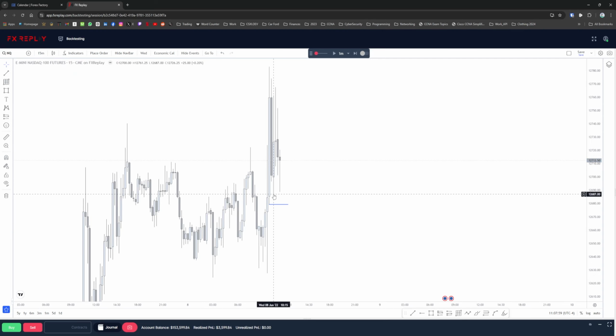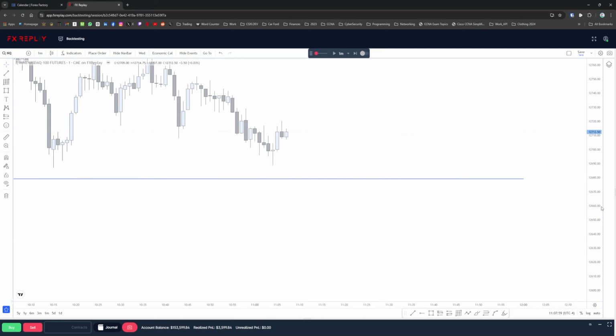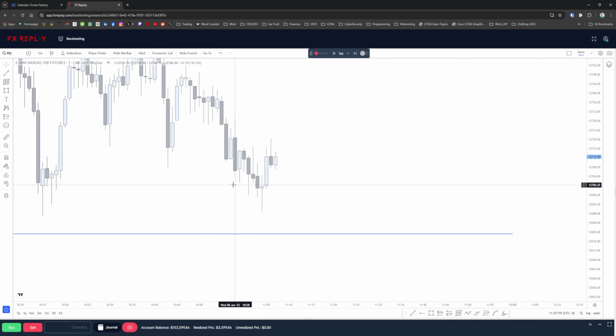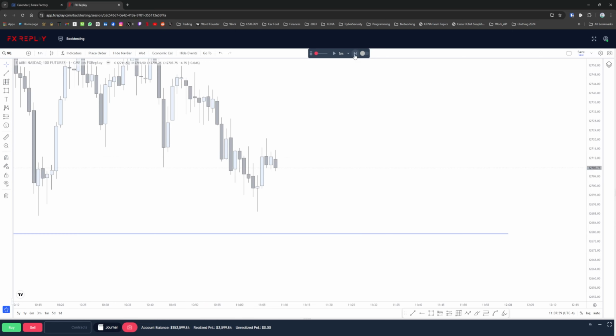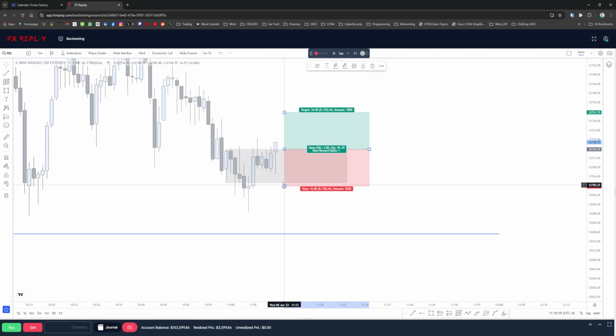I don't know if there's SMT here. Do we have a breaker block anywhere here? There's nothing. Yeah, we do. But again, I wouldn't take it. I just wouldn't take that. I would not take that.